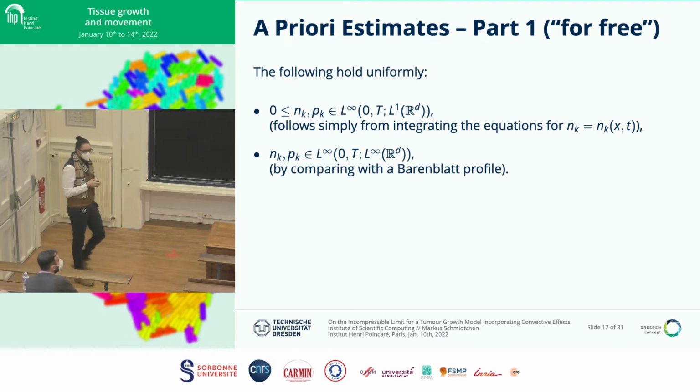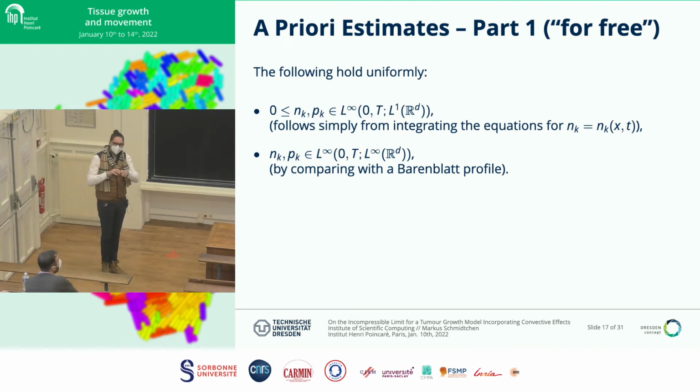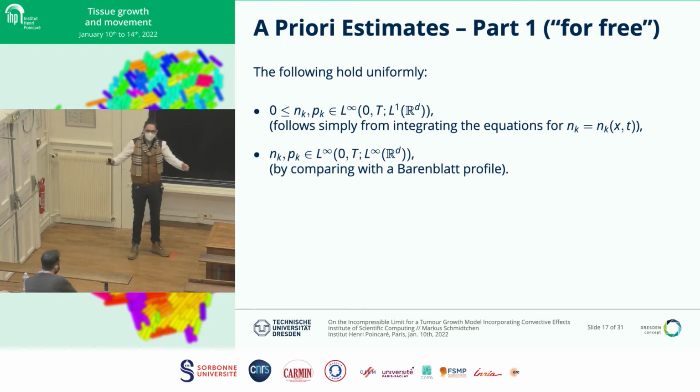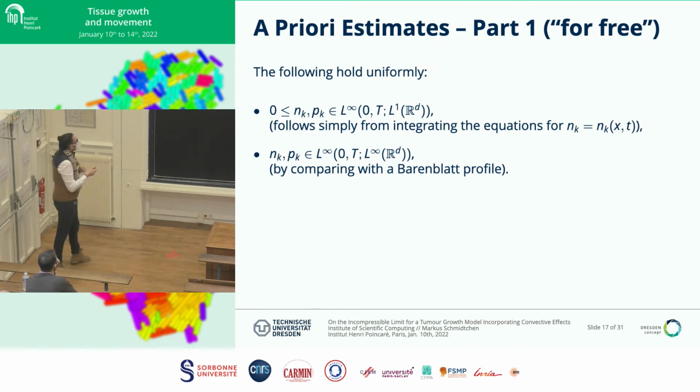We have some L infinity control, but this is due to the fact that if we take a Barenblatt profile, a self-similar profile, we can always put it on top of our density, and then by comparing with this larger profile, we can control the L infinity norm as well.